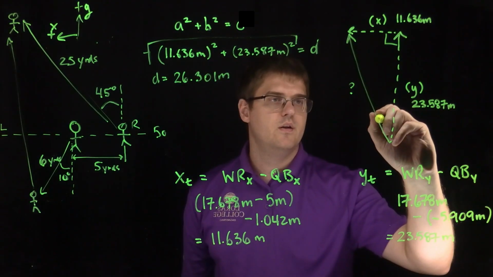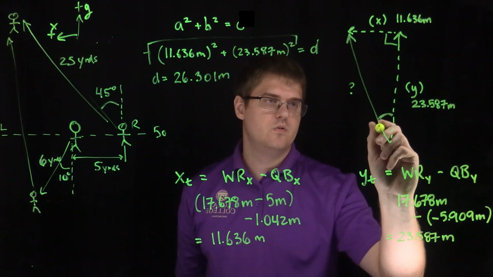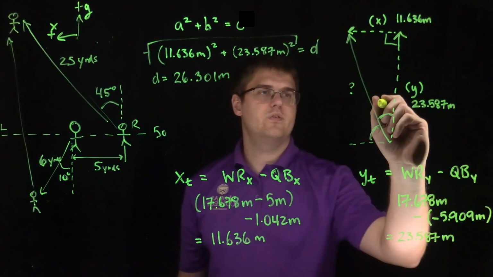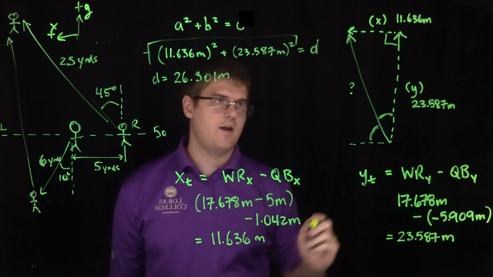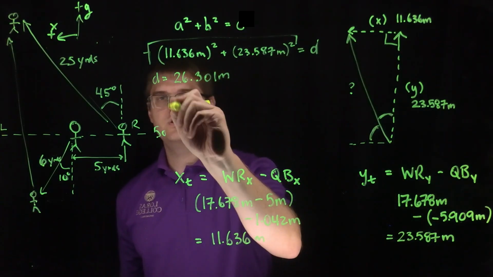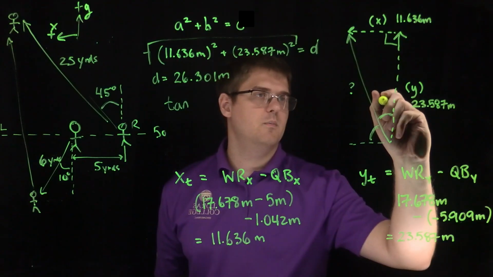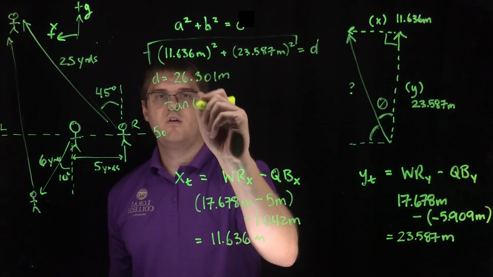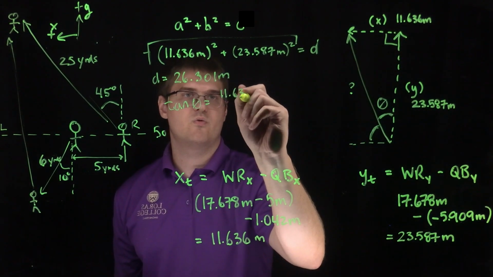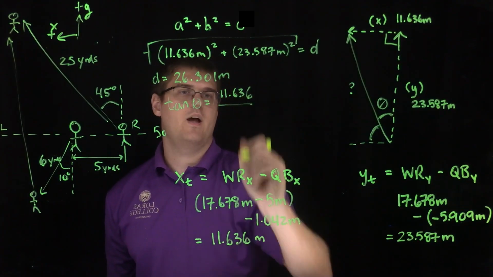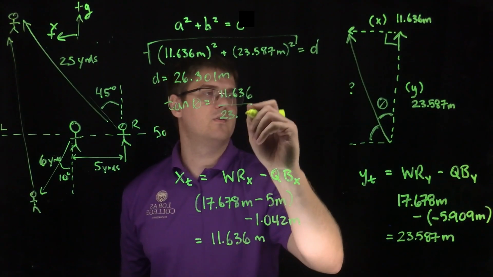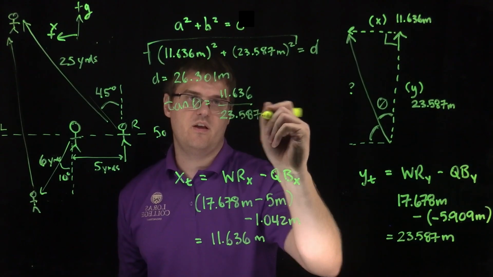I believe in you. Now we have to find either this angle or this angle. We're going to go with this guy right here. And that guy is going to say that the tangent of this angle, so tangent, and we're going to call him theta, is going to be the opposite, so 11.636 over the adjacent, 23.587.